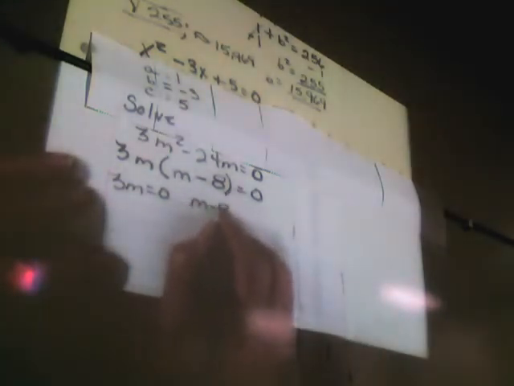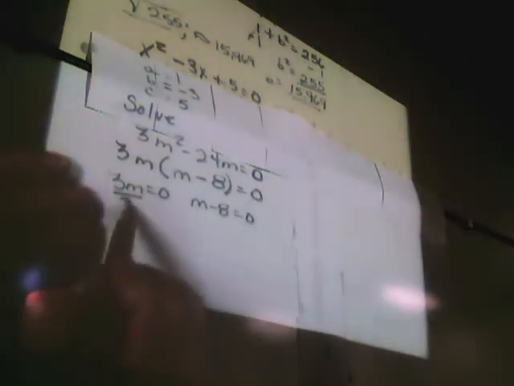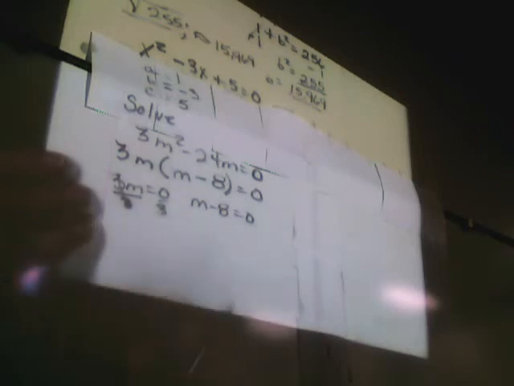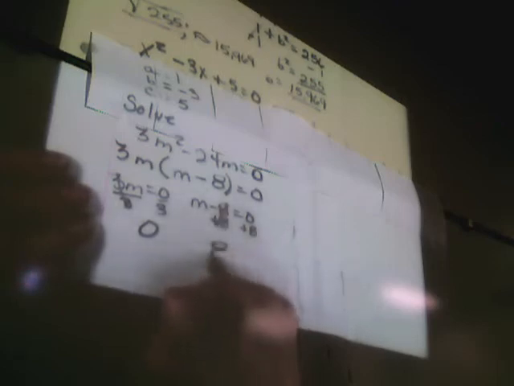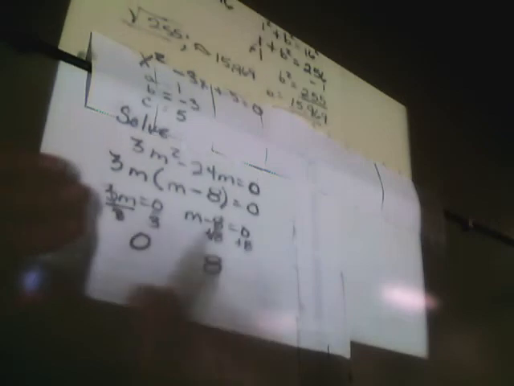Both factors we have to set equal to 0. So divide by 3, m equals 0. Add 8, m equals positive 8. This isn't a fraction, so you don't have to worry about plugging it in. It's not a square root or a fraction. So these are your two answers right there.